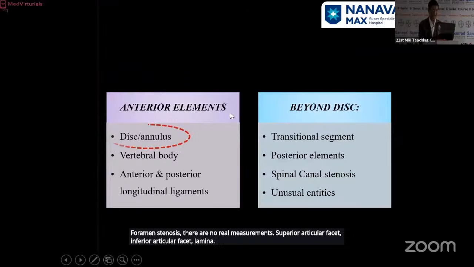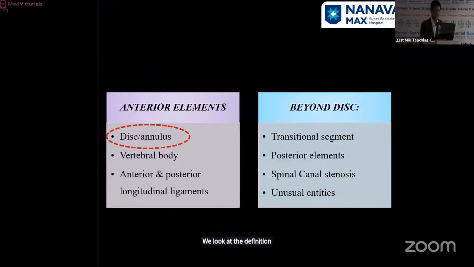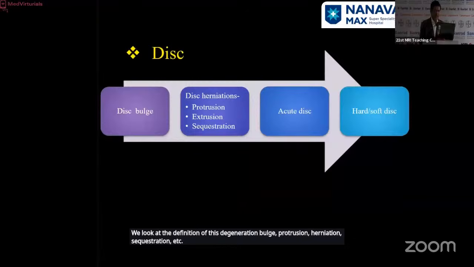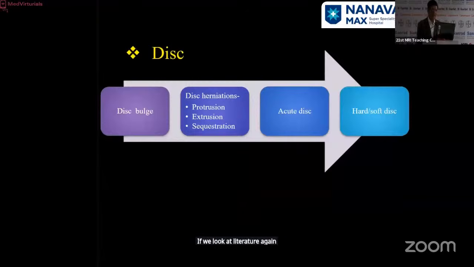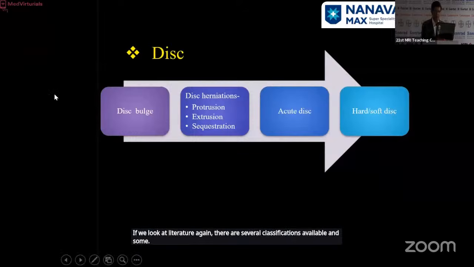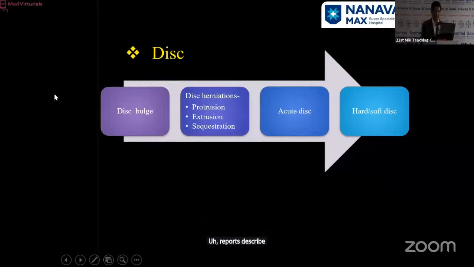We'll look at the definition of disc degeneration, bulge, protrusion, herniation, sequestration, etc. If you look at literature again, there are several classifications available and some reports describe disc bulge, protrusion, herniation into 6 subtypes.